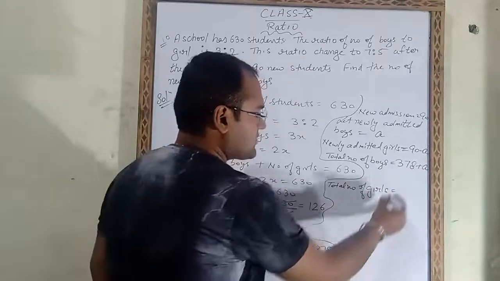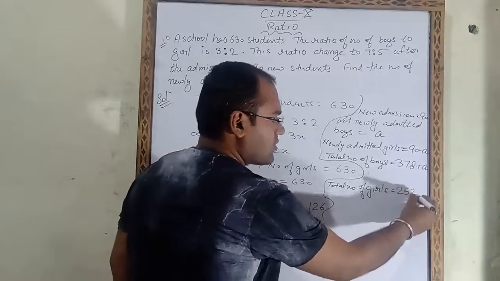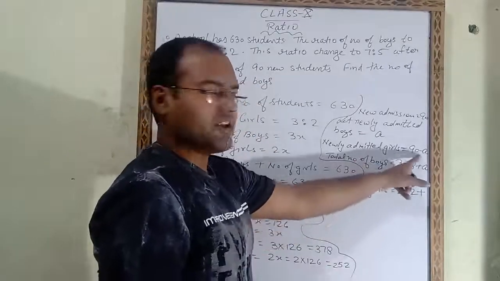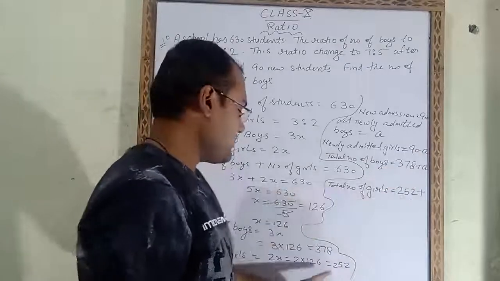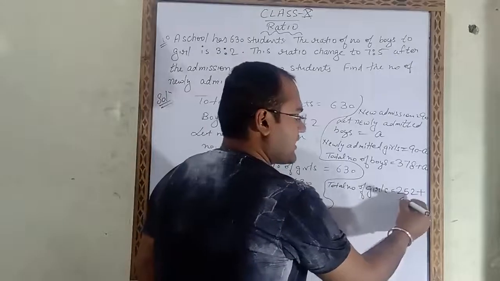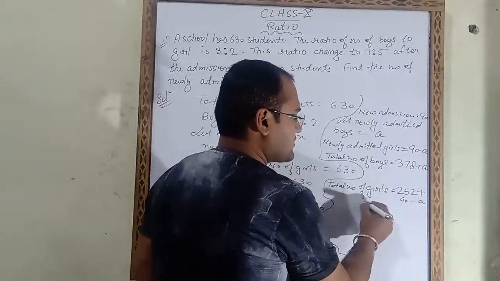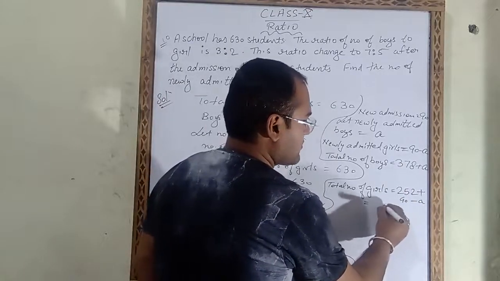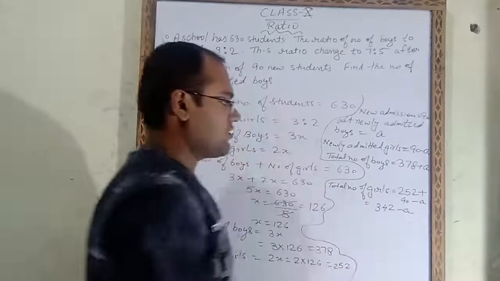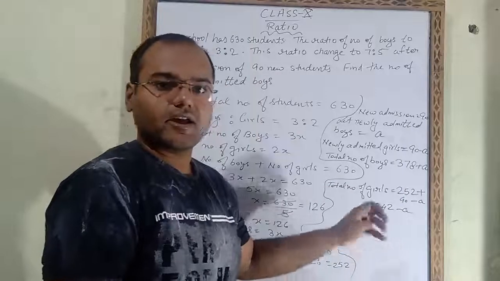Earlier the number of girls was 252, plus the newly admitted girls, 90 minus A. So we have to add this to the number of girls. This will become 252 plus 90 minus A. So these are the total number of girls now after the admission.